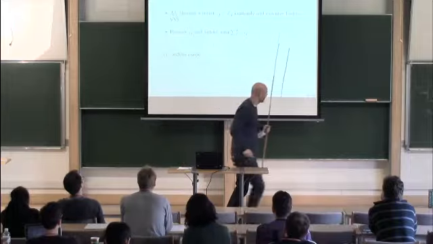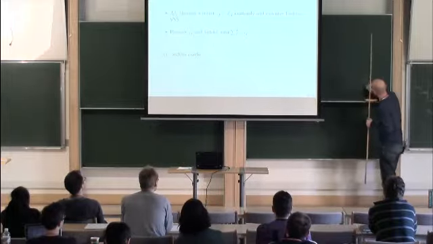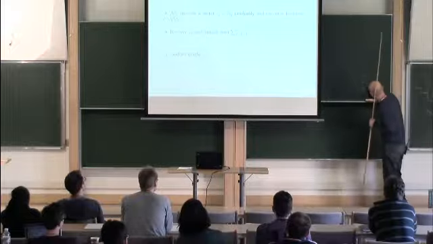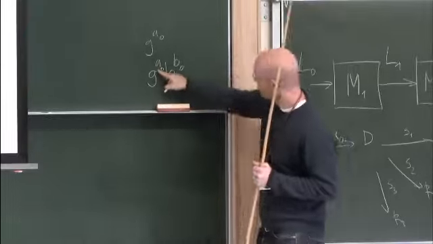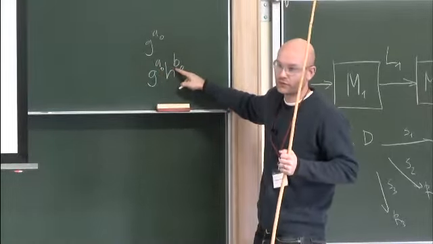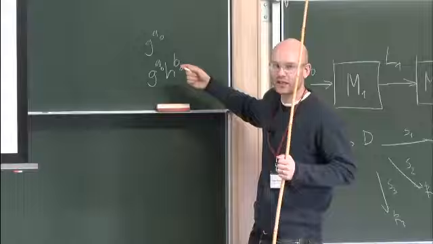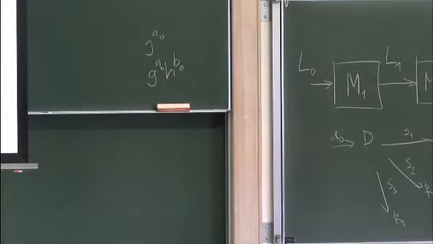For Pedersen VSS, you basically do the same thing, but instead of committing to a single secret like that, you commit to something like this, where this is your secret, and this is some randomness. So this hides your secret perfectly, but now you have a binding property under a computational assumption, the discrete log, right? So I'm cheating here because we don't have this H value yet. Where do we get the H from?